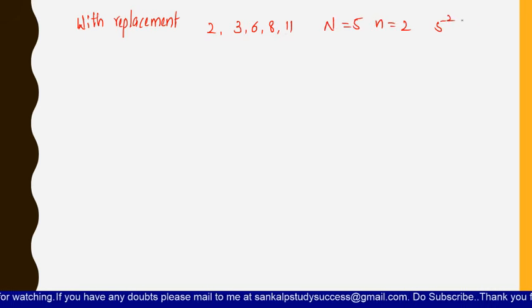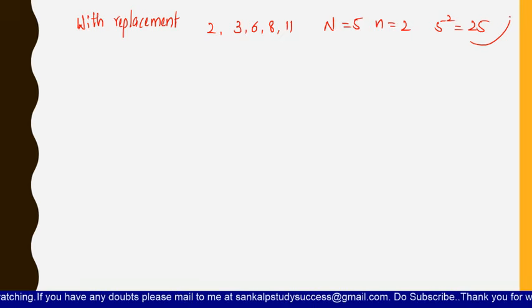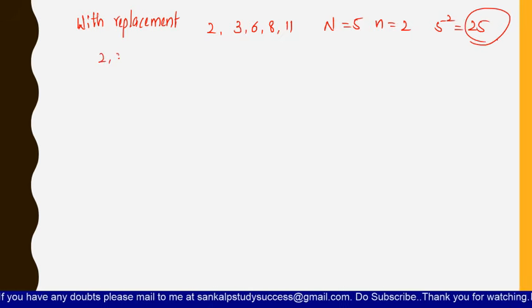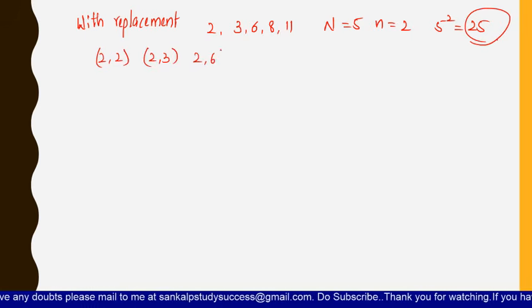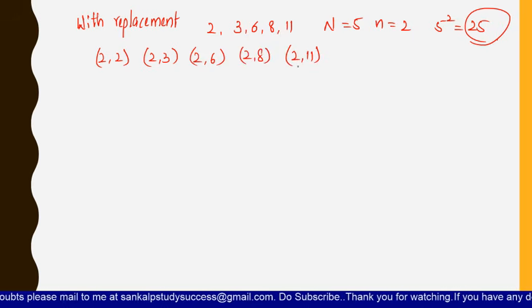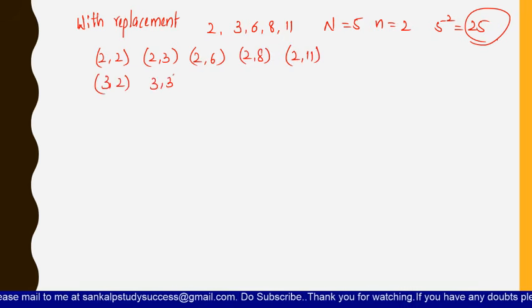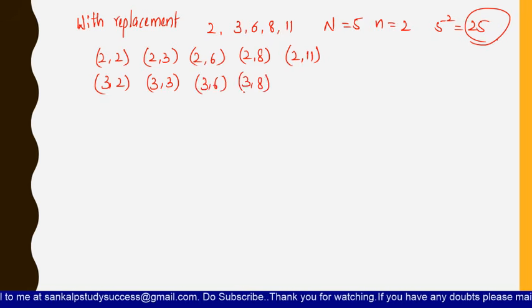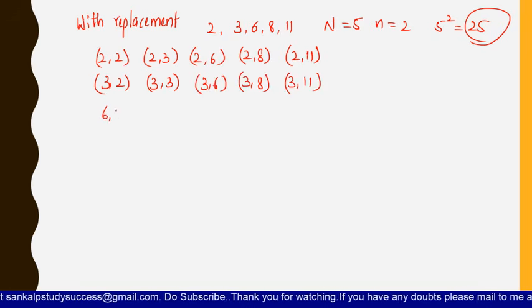So you will get 5 squared, that is 25 possibilities. What are those possibilities? Let us write here: 2, 2, 2, 3, 2, 6, 2, 8 and 2, 11. Here 3, 2, 3, 3, 3, 6, 3, 8 and 3, 11. In this way you are going to write all the 25 possibilities with replacement, right?